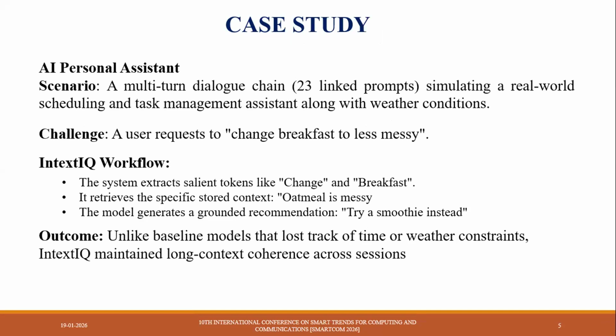In contrast, Index IQ extracted key tokens such as change and breakfast, retrieved the stored memory, oatmeal is messy, and generated a grounded recommendation: try a smoothie instead. The baseline model fails to recall earlier context and produces inconsistent responses. This clearly demonstrates Index IQ's ability to maintain long context coherence across the session.